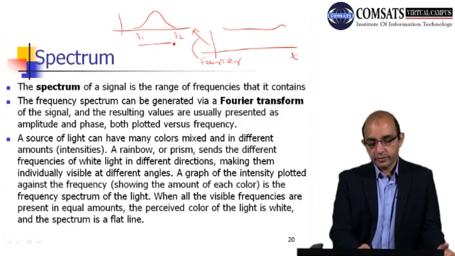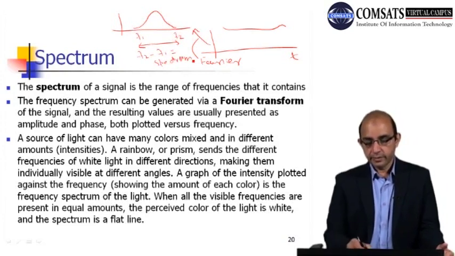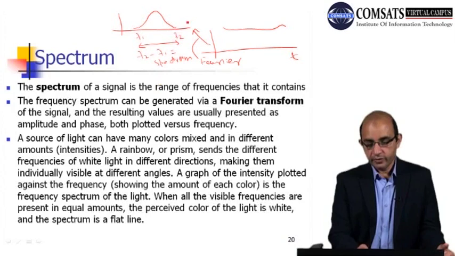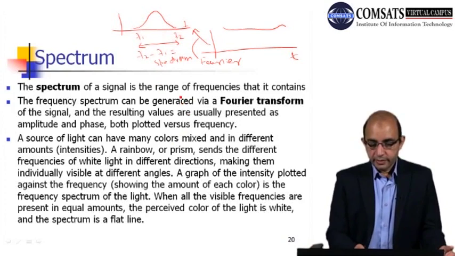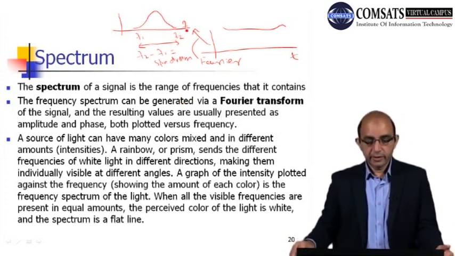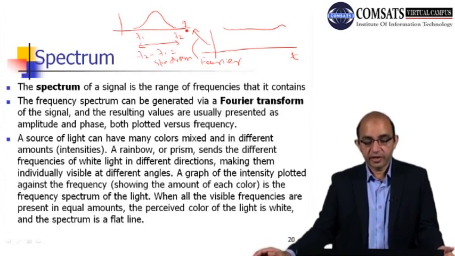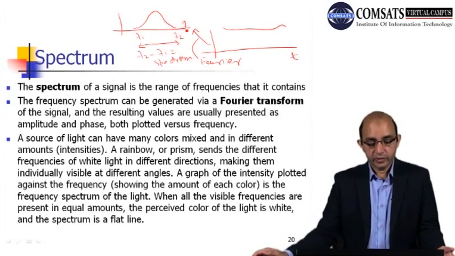The difference of those frequencies is the spectrum. Here we have the frequency axis, this is F. This is how the frequency spectrum is generated via the Fourier transform of the signal.